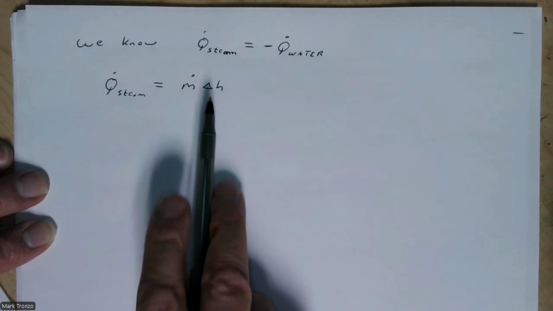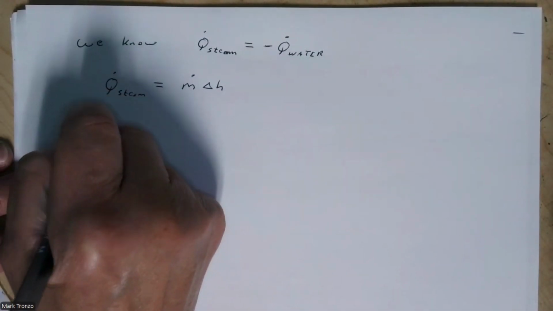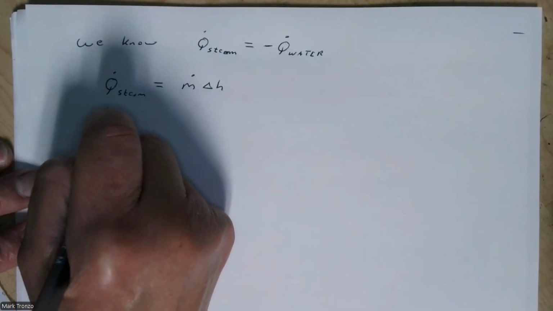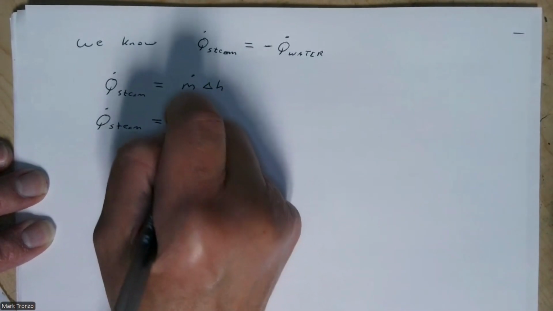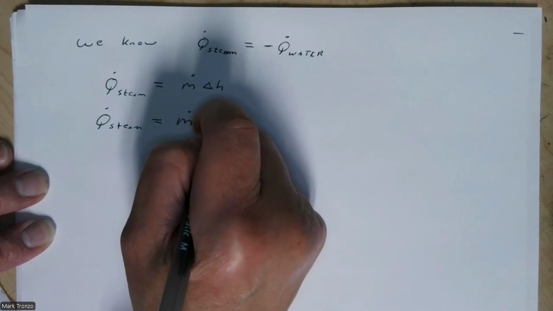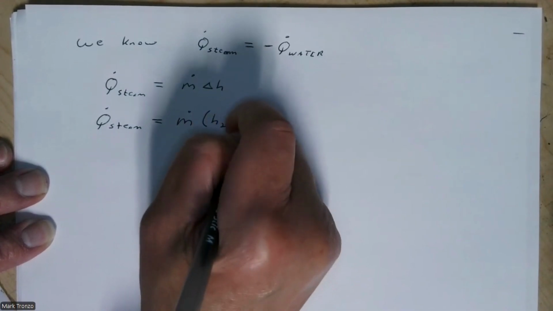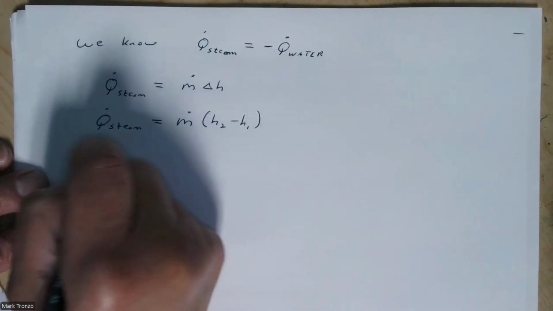We have to use the steam tables. And so that's going to be m dot, and it's going to be H2, of course, minus H1.